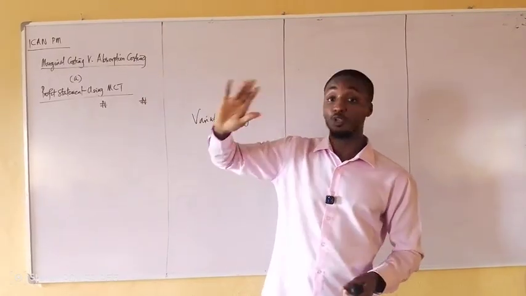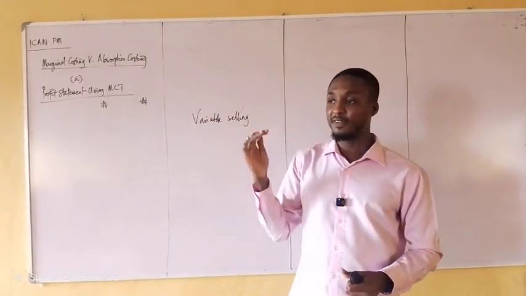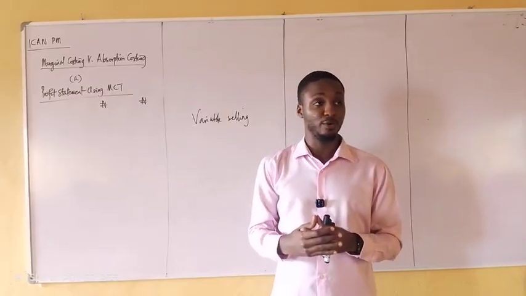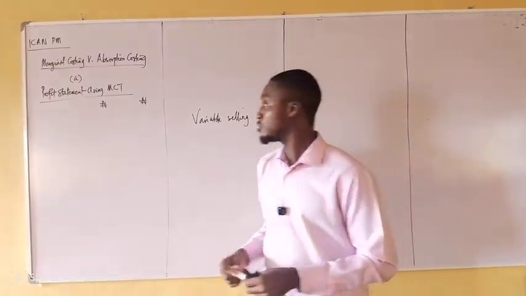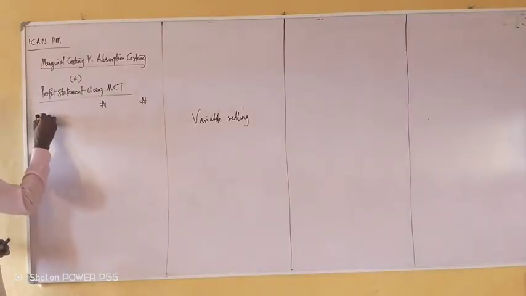And the technique they've told us to use is marginal costing, which means, first of all, treat the variable cost. After treating the variable cost, you then treat the fixed cost. So we'll start, as usual, with sales.